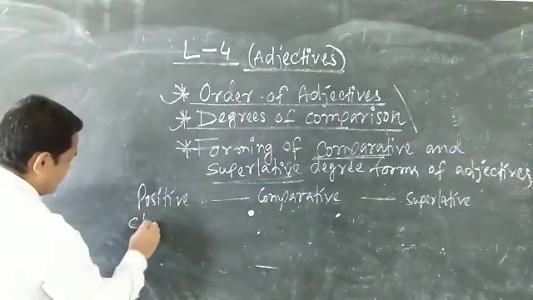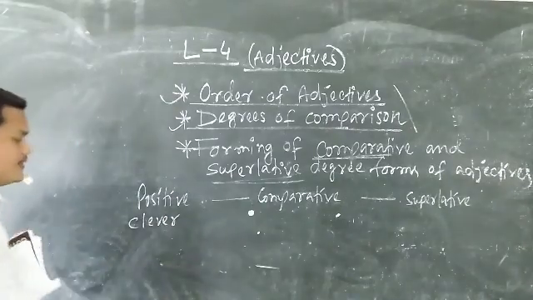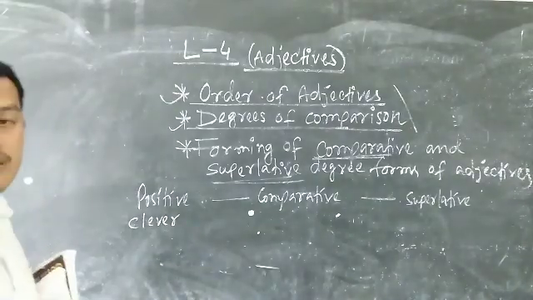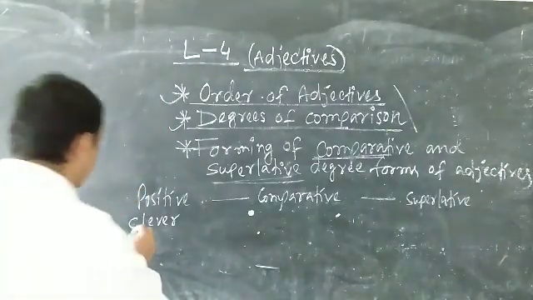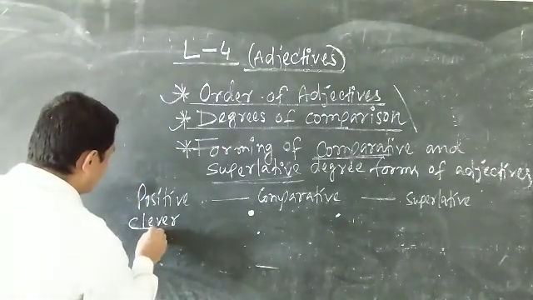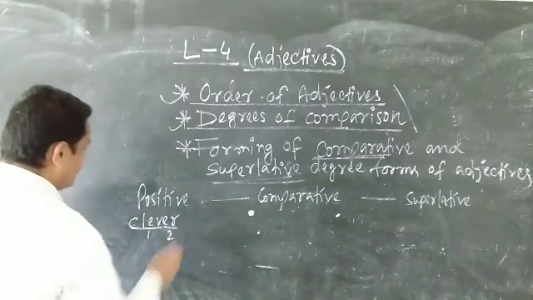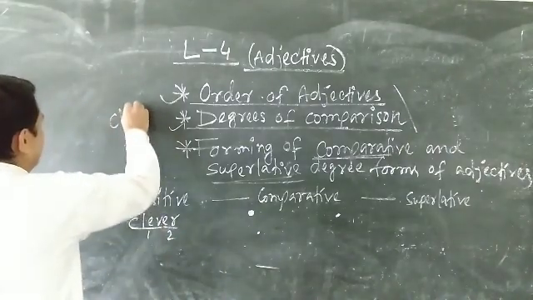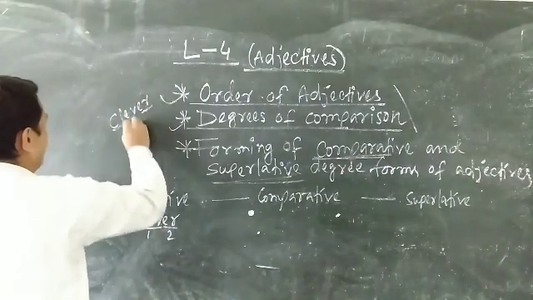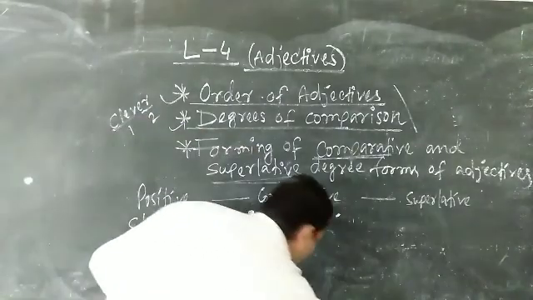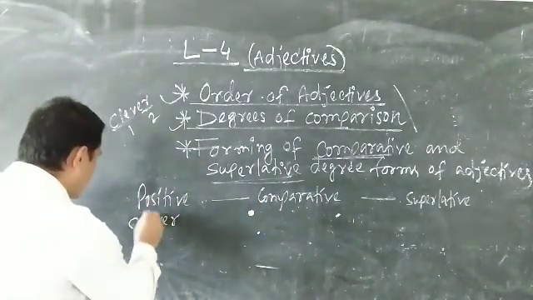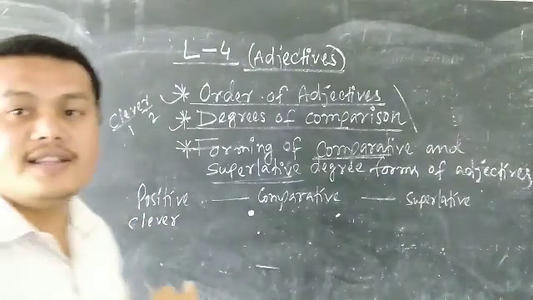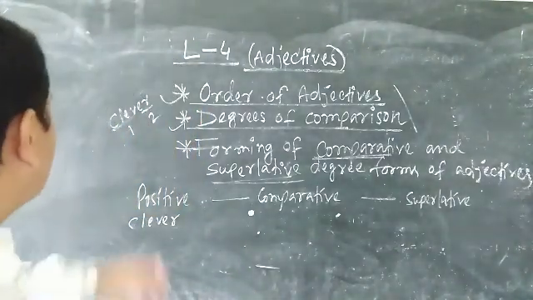I can have this one, clever. You see, clever. How many syllables are there? Clever. We have two syllables. Clever, 1, 2. Two syllables. Please try to learn this carefully.